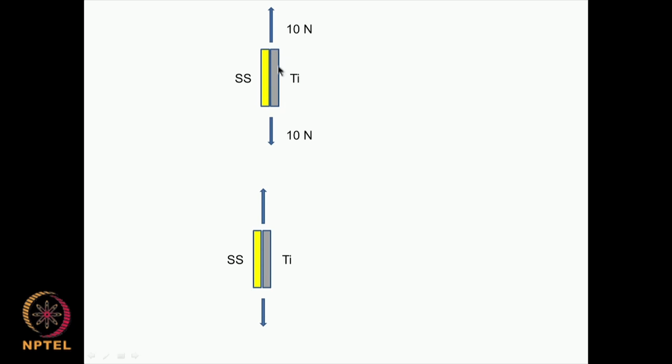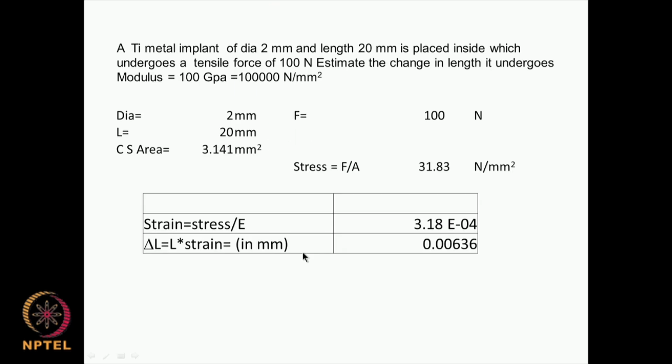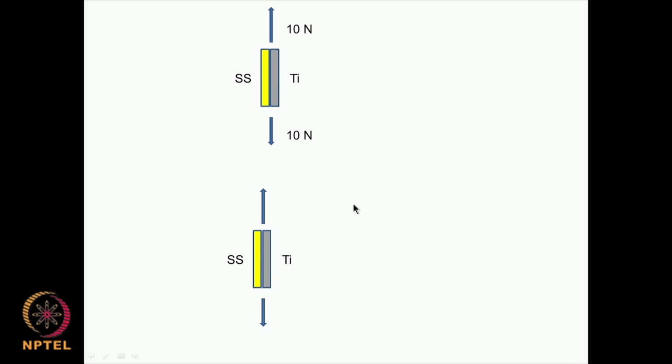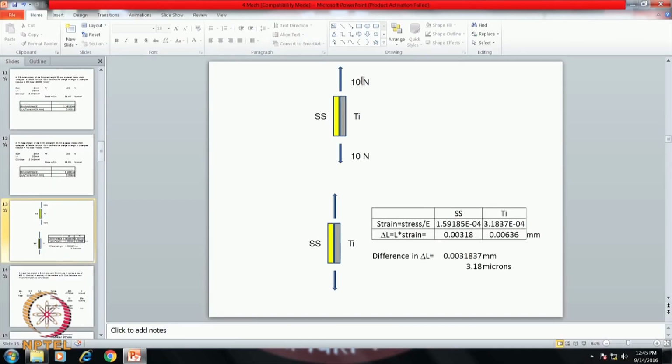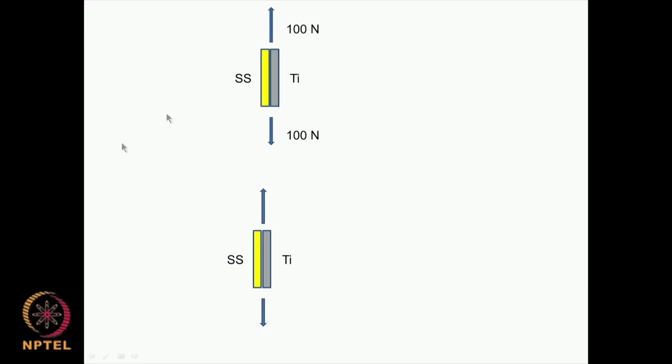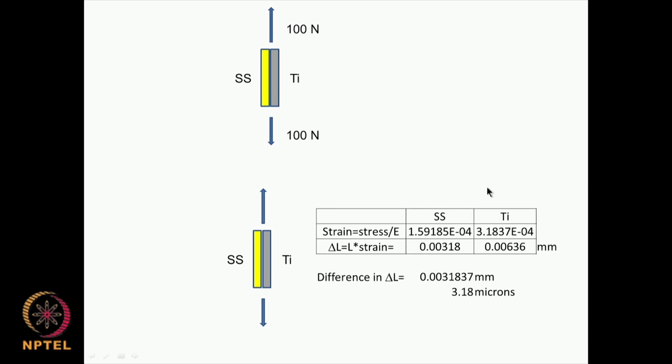I keep it inside the human body, and it is undergoing a tension of say 100 Newton, but it is a mixed biomaterial which has both stainless steel and titanium together. So, one of them will undergo 0.003 mm elongation, another one will undergo 0.006 elongation. You are in big trouble, right?